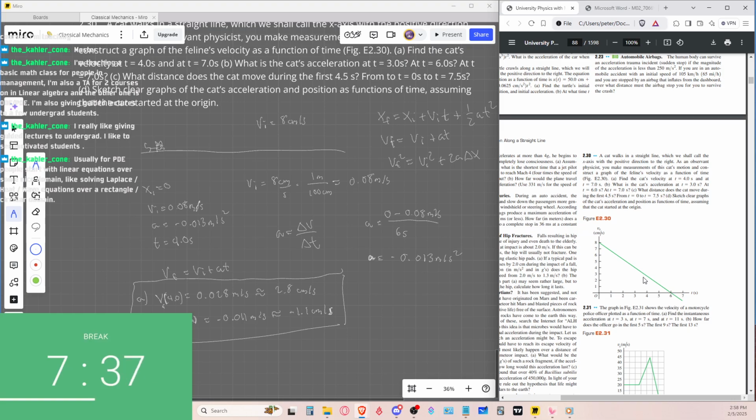Then I wouldn't touch second order differential equations yet until I learned all the stuff I need for first order linear partial differential equations.